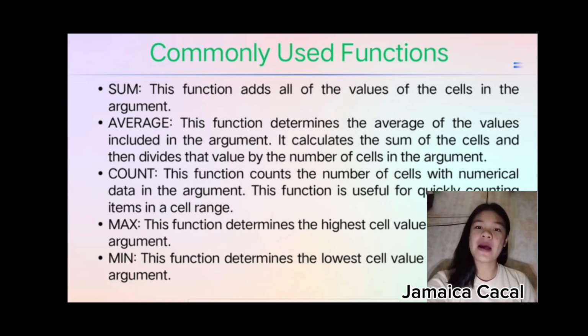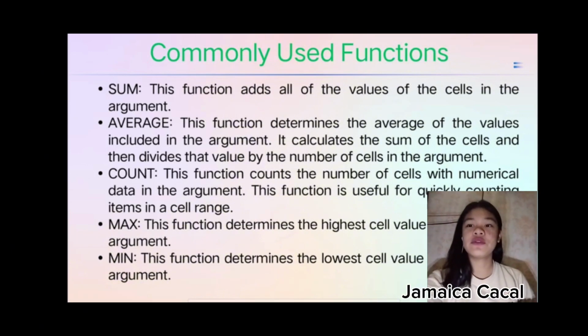And next is MAX. This function determines the highest cell value included in the argument. And last is MIN. This function determines the lowest cell value included in the argument.